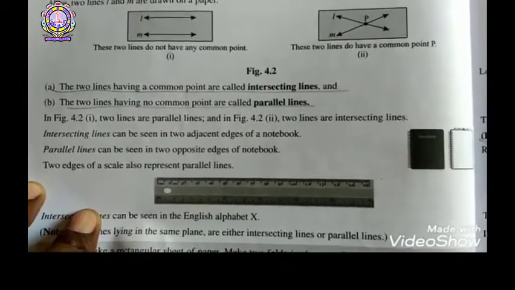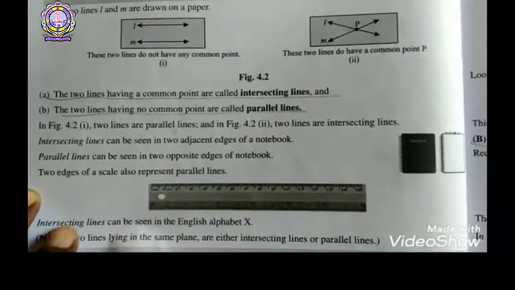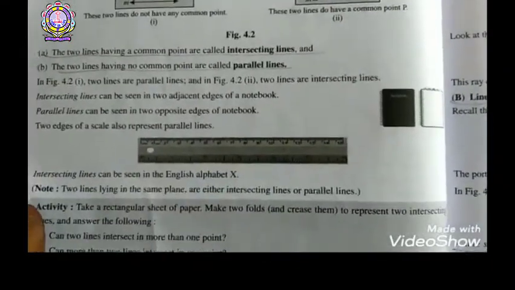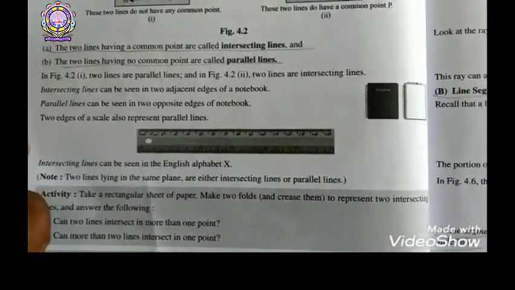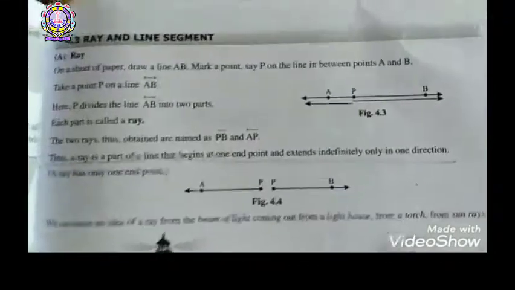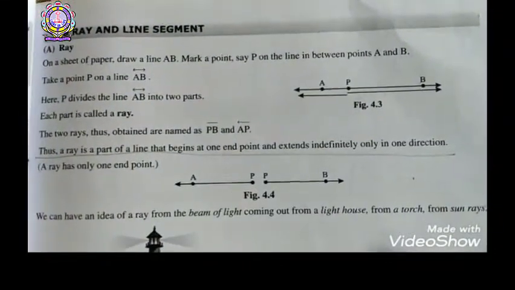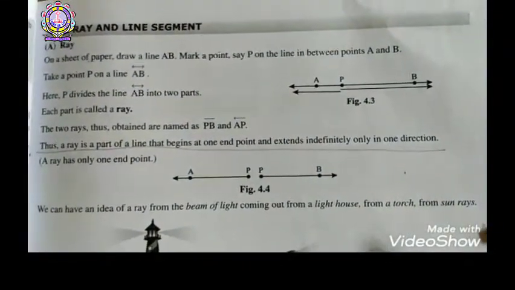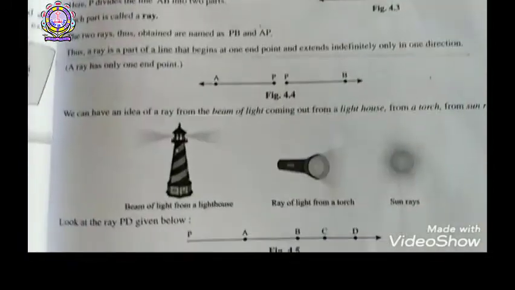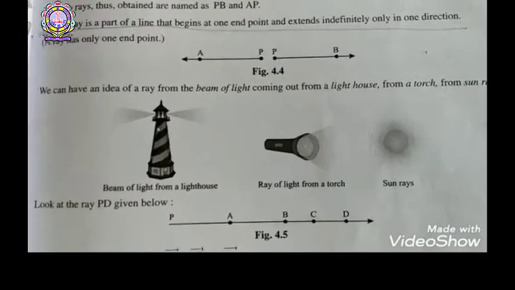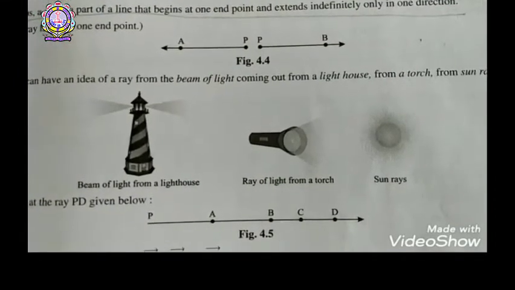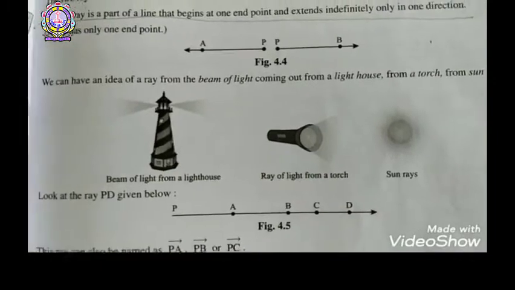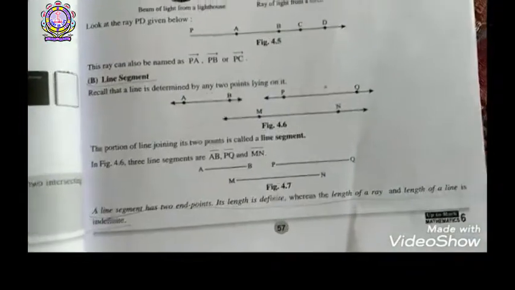Parallel lines can be seen in the opposite edges of a notebook and scales, etc. And some other examples of rays: ray of light from a torch, sun rays, beam of light from a lighthouse, and line segment.